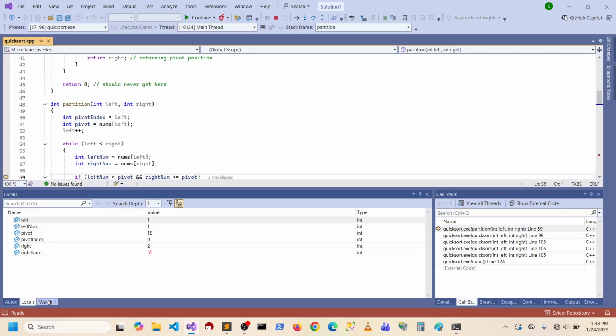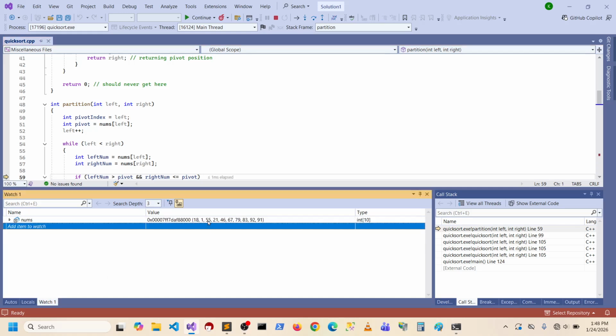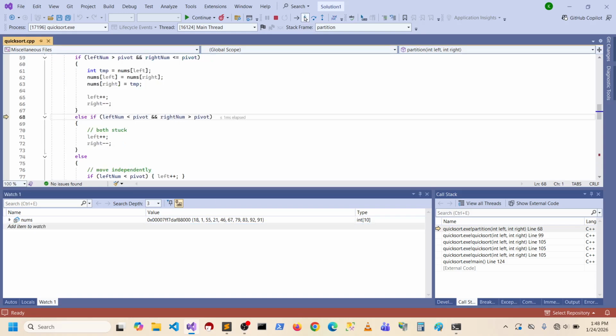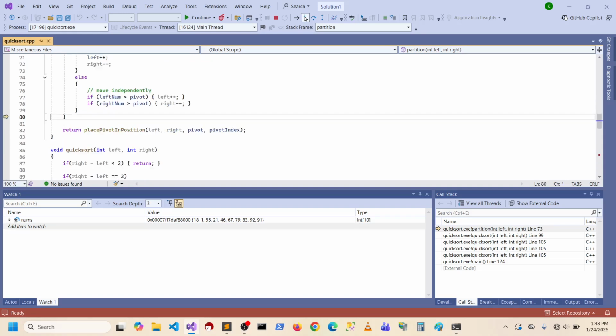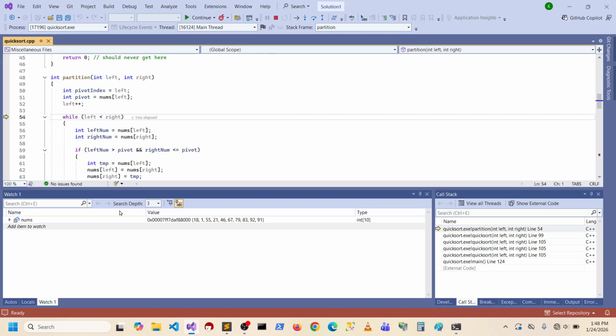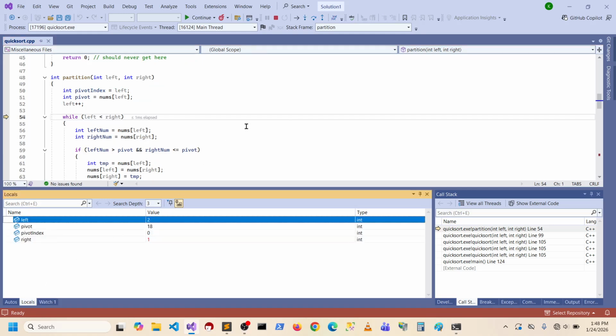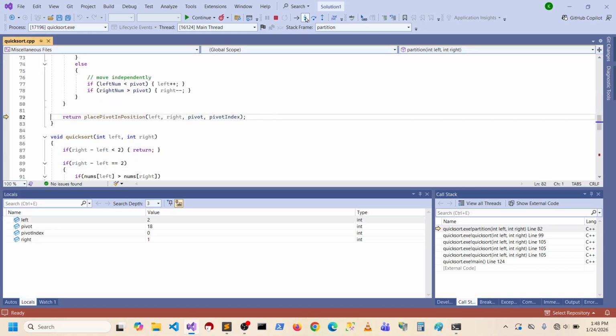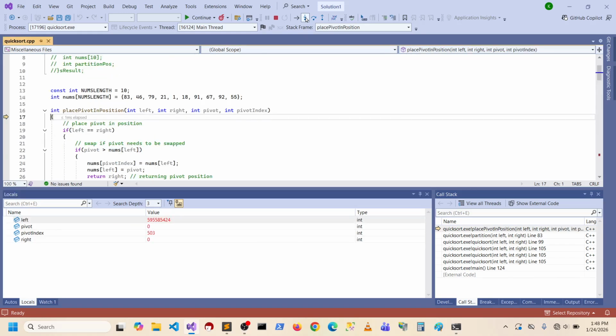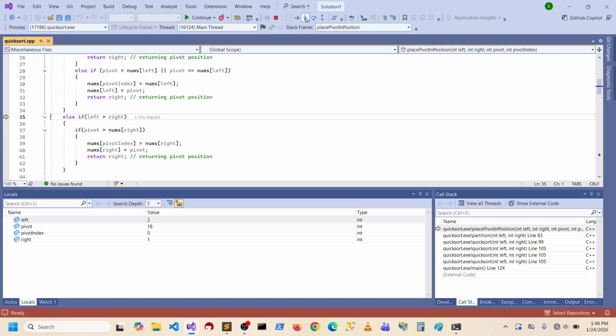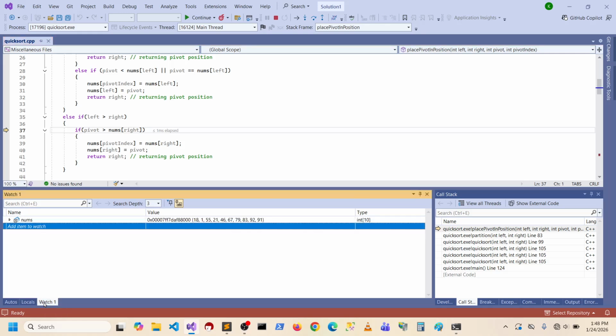So everything's in order here. Left is greater than right. If it's 18, right is 1, so those swap.